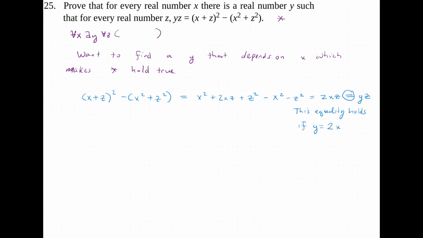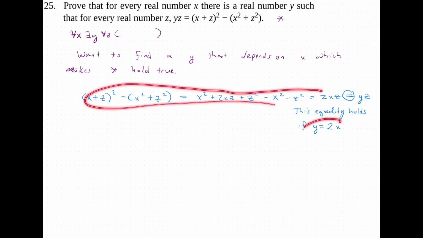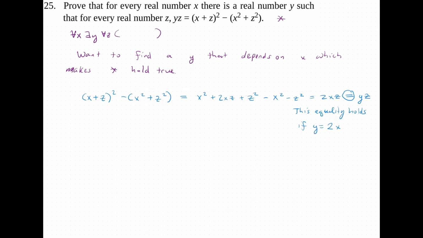And so here's the thing about proofs like these: when we write them formally, it's done backwards. Because we went about expanding over here to get that y is equal to 2x. But now for the proof, when we write this formally, we're going to start in reverse. So let y be equal to 2 times x.